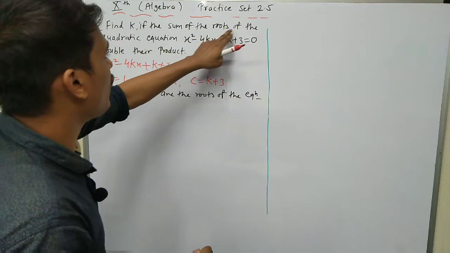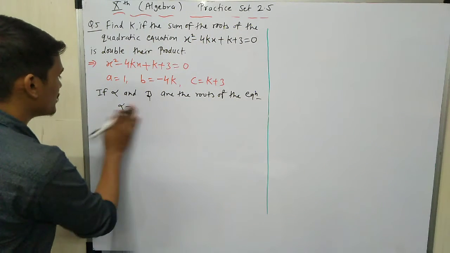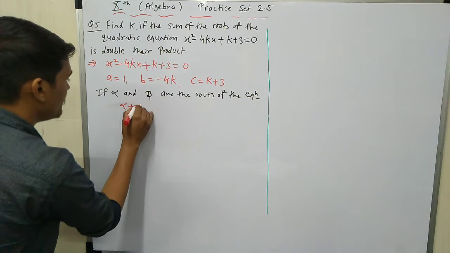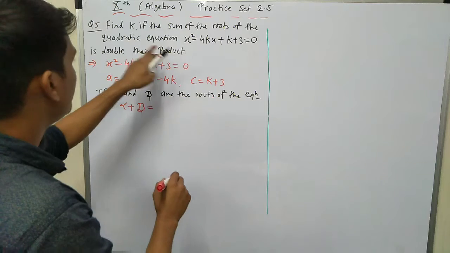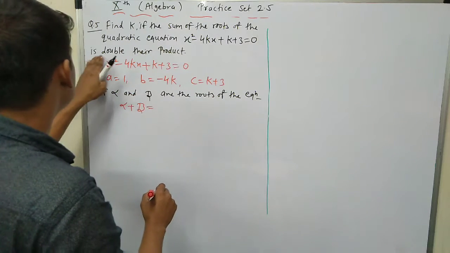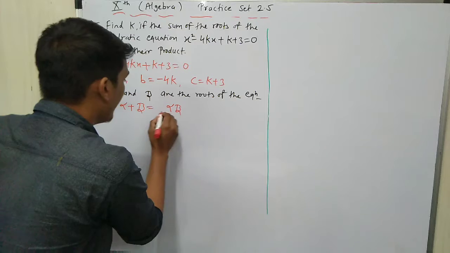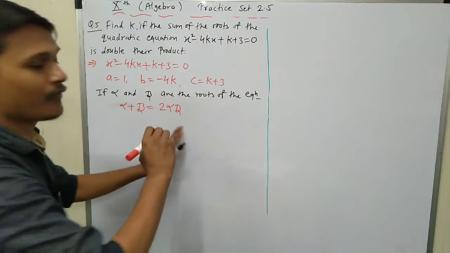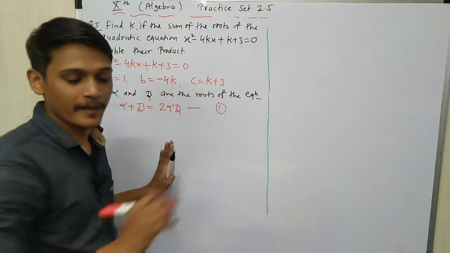Sum of the roots of the quadratic equation. Sum of the roots means what? Alpha plus beta. And this is double their product. Product means what? Alpha into beta, and double means what? 2 alpha beta. This is equation number 1.